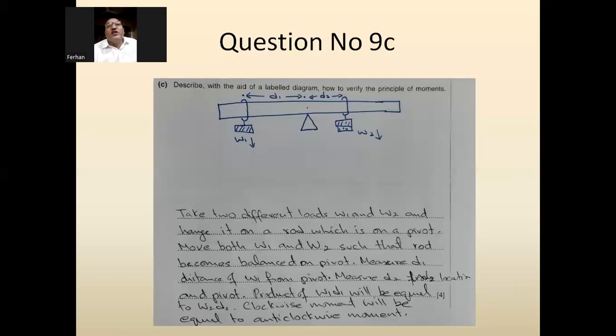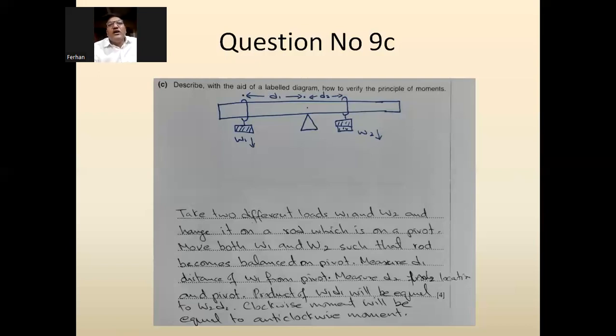Take two different loads, W1 and W2, and hang them on a rod which is on a pivot. Move both W1 and W2 such that the rod becomes balanced on the pivot. Measure D1, the distance of W1 from the pivot.